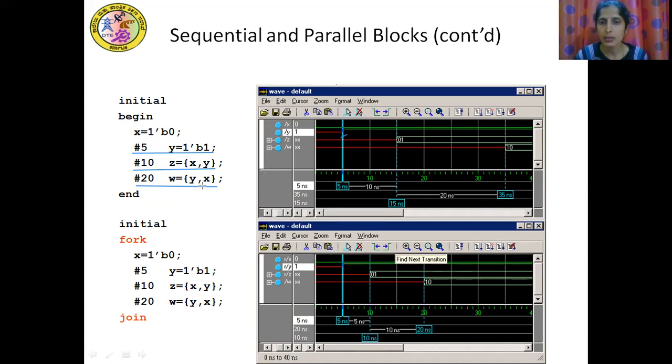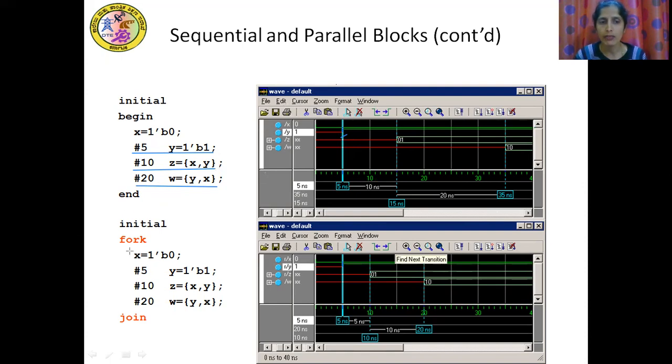The last statement will complete its simulation by 35 time units. So this is the pictorial representation of the execution of statements in a sequential block.